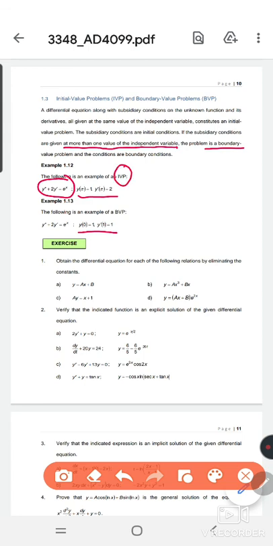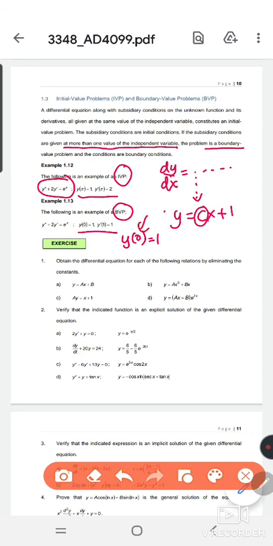Bila ada IVP, contohnya bila awak buat dy/dx, okay, katakan dibagi satu equation. Bila awak solve, awak akan dapat y contohnya Cx plus 1. So dia ada constant kat sini. So bila dia bagi IVP ataupun BVP, maknanya dia bagi contohnya y(0) equals to 1. Maksudnya awak masukkan nilai yang ni, y(0) ni x kan.